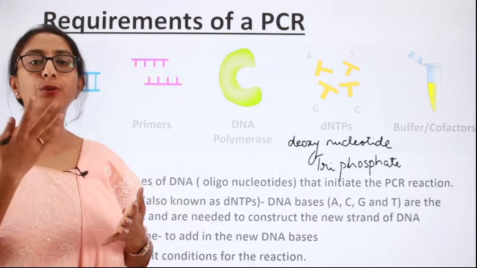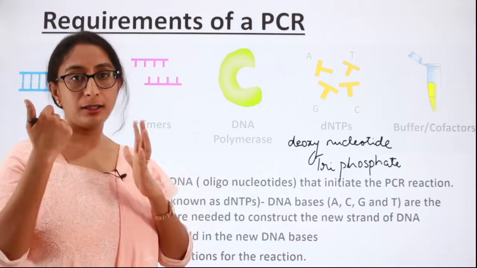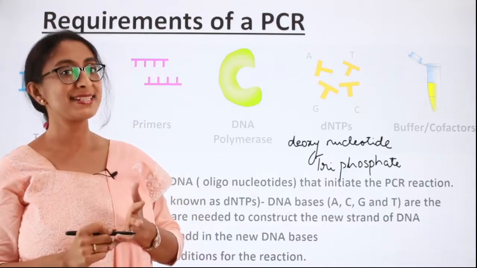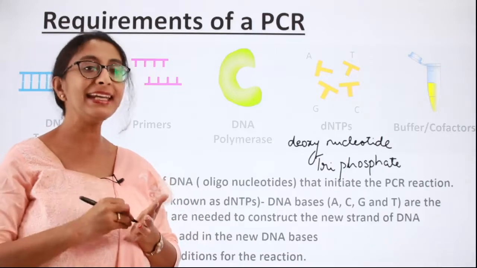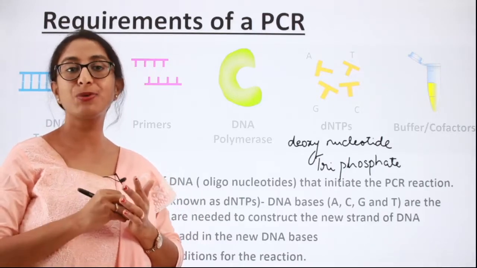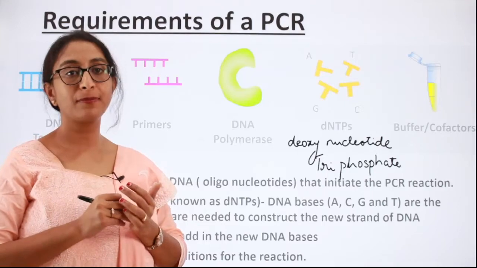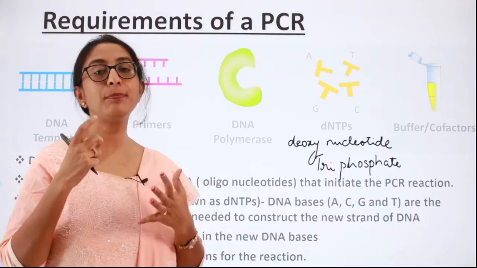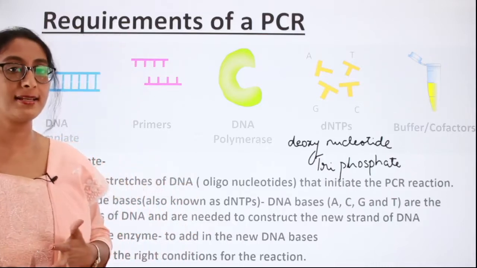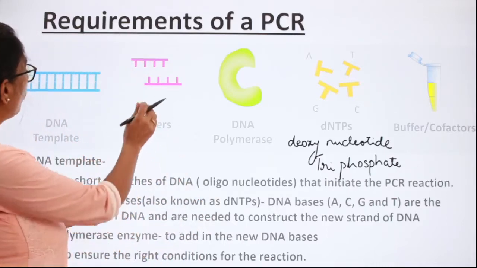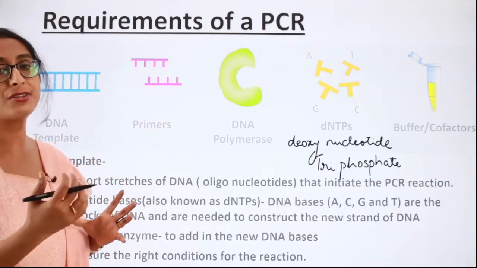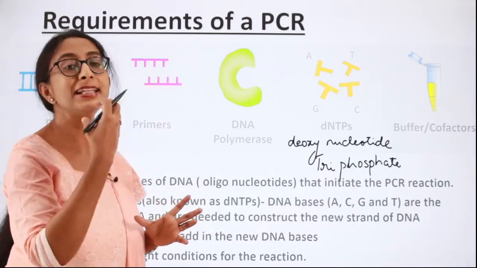So we know that we have two kinds of nucleotide bases, isn't it? Purines and pyrimidines. Under purines we have adenine and guanine, and under pyrimidines we have cytosine and thymine. This is in the case of DNA, whereas in case of RNA, in place of thymine we have uracil. Now when the DNA polymerase has to synthesize a complementary strand to the template strand, it needs nucleotides.